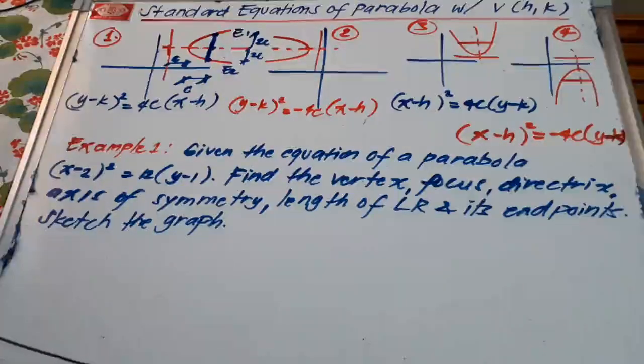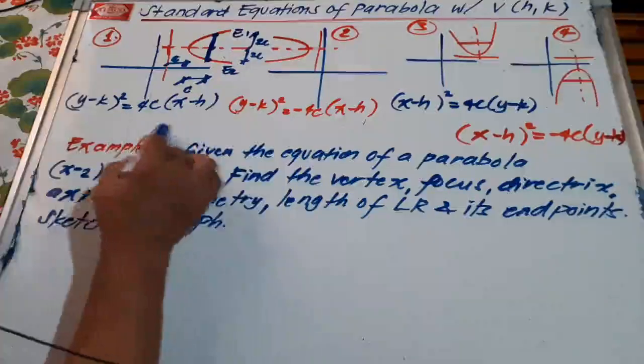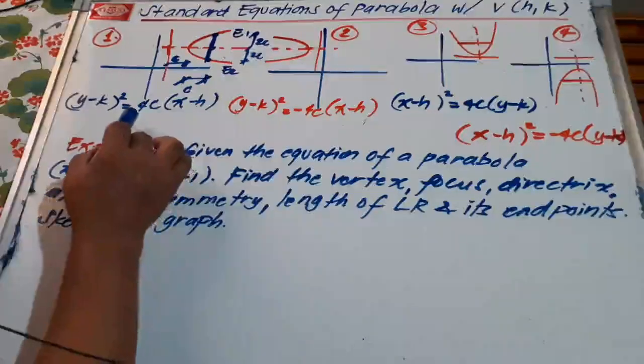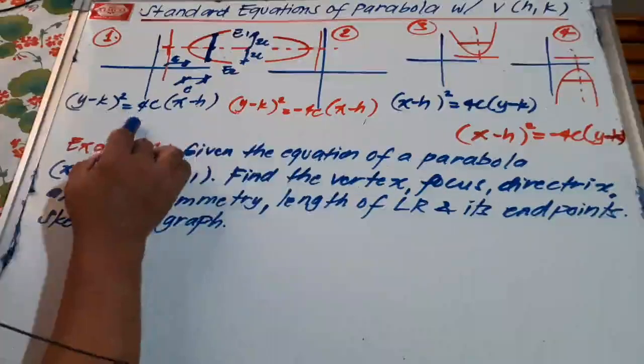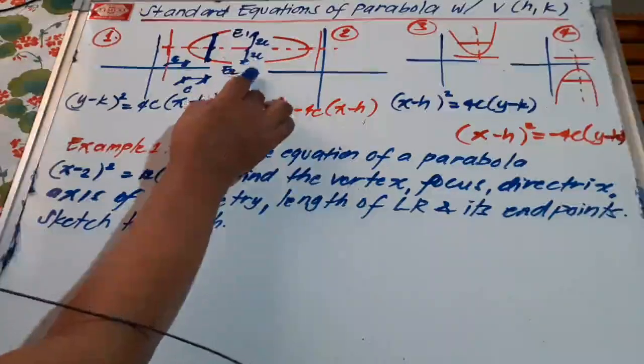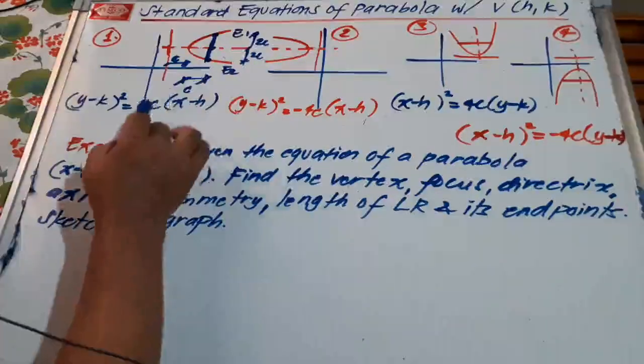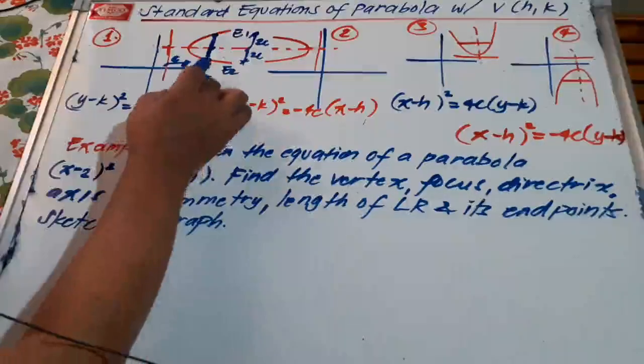The focus is located to the left side of the vertex while the directrix is located to the right side of the vertex. Now, these two equations ay halos magkatulad. Ang pagkakaiba lang nila is the sign ng right side of the equation. Kapag opens to the left, negative ang 4c, while 4c is positive when the graph of the parabola opens to the right.